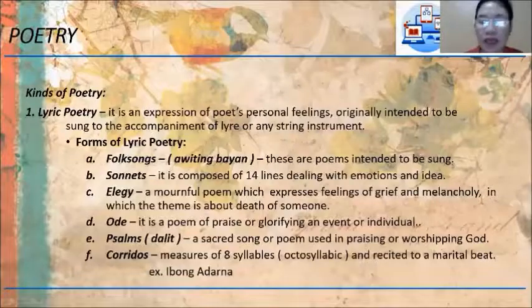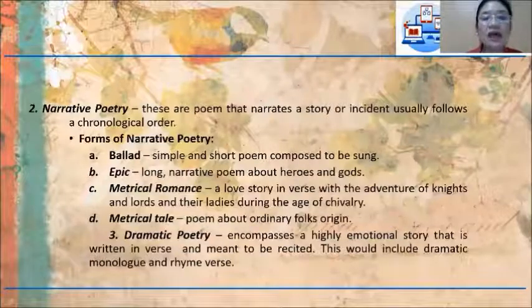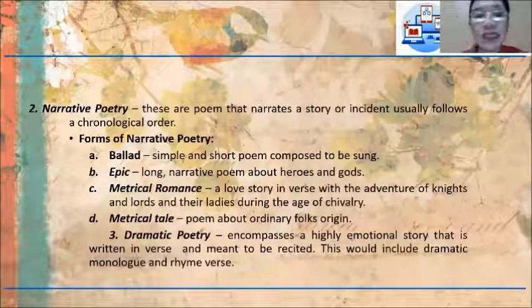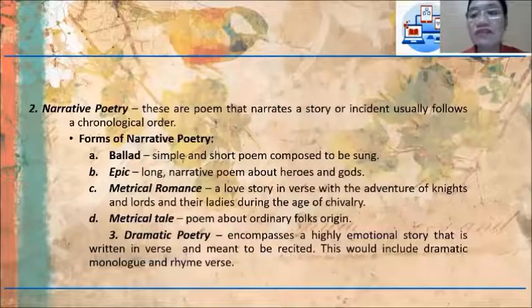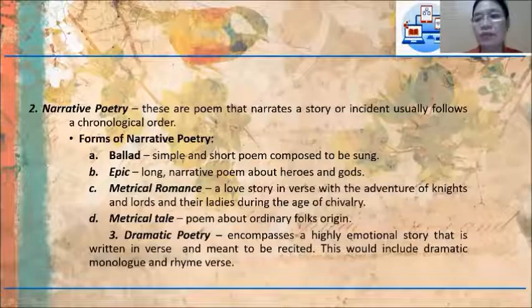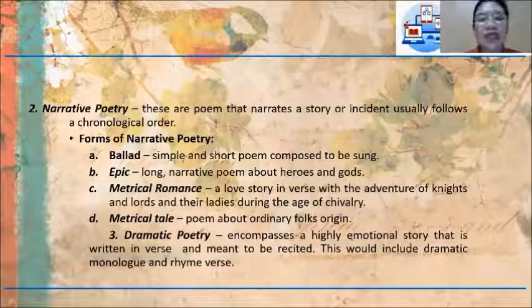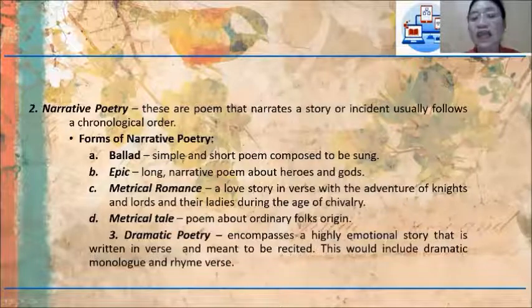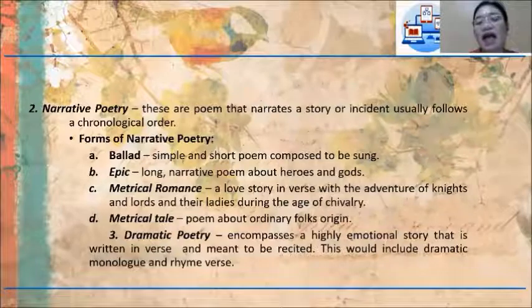Okay? And then from lyric poetry, let's move on to narrative poetry. Okay? What is a narrative poetry? Okay? Now, narrative poetry is a poem, or these are poems that narrates a story or incident which usually follows a chronological order.